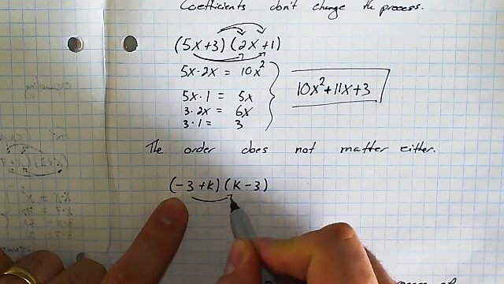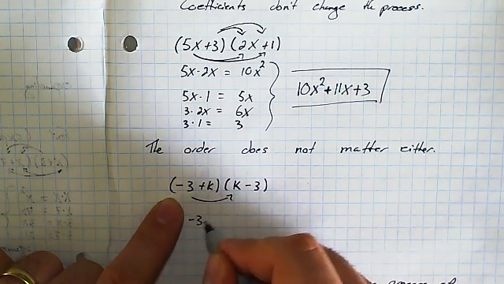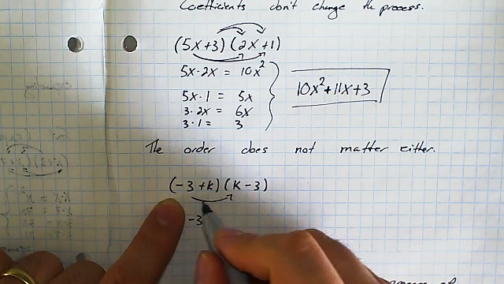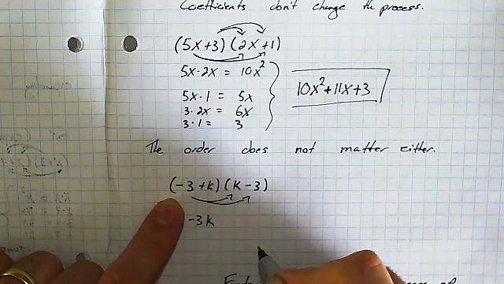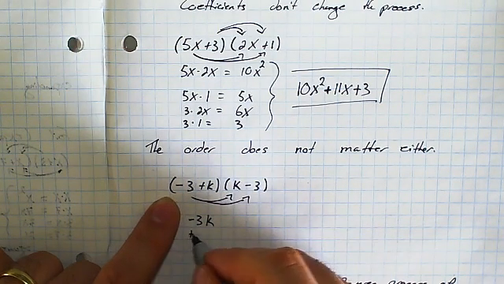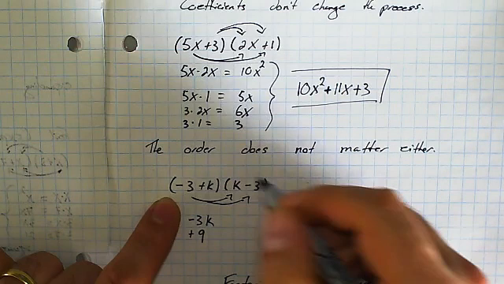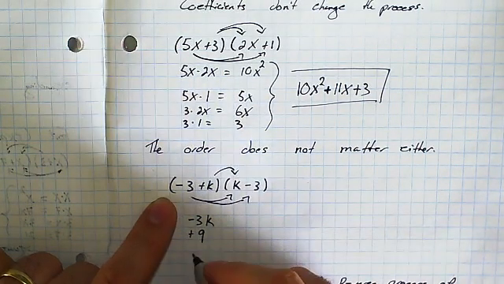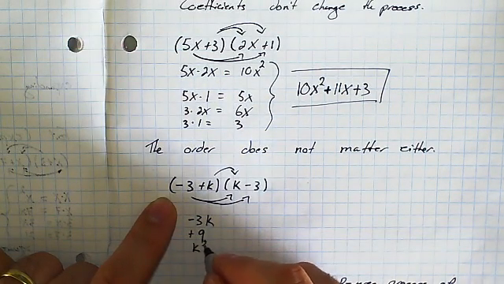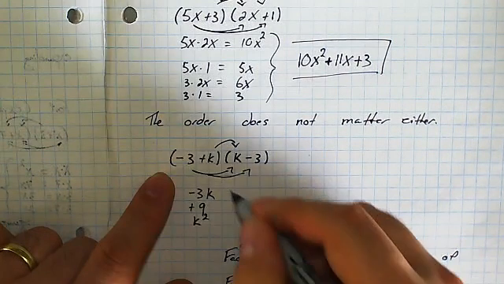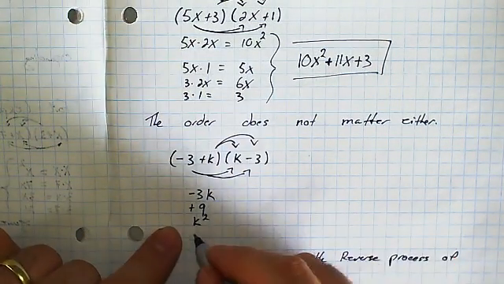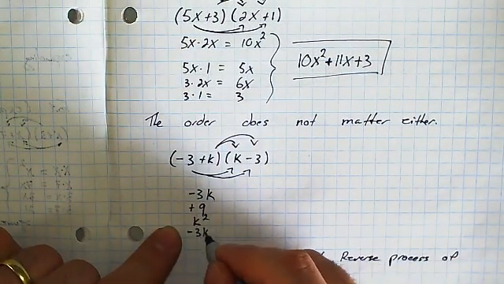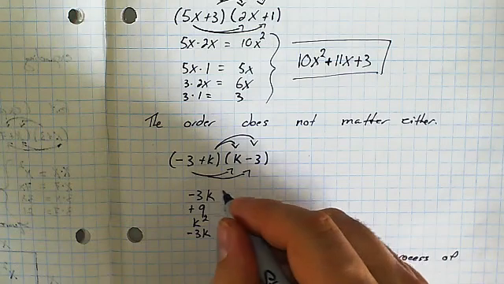So if I go negative 3 times k, I just get negative 3k. Negative 3 times negative 3 turns into positive 9. k times k turns into k squared, and k times negative 3 is negative 3k.